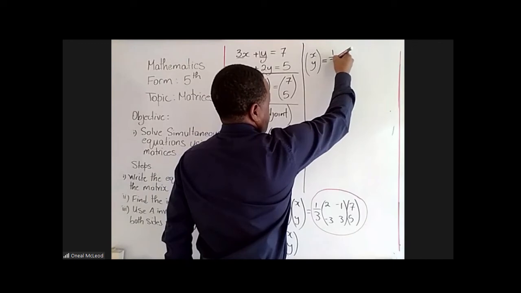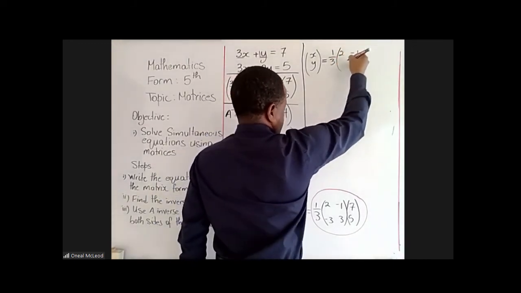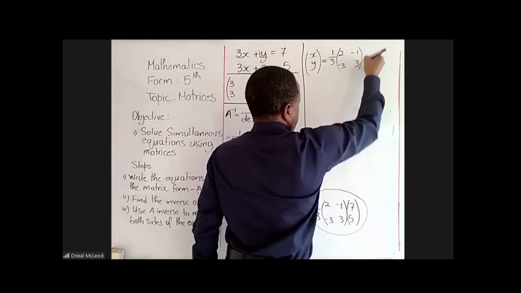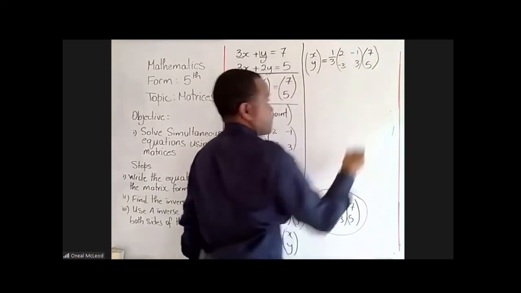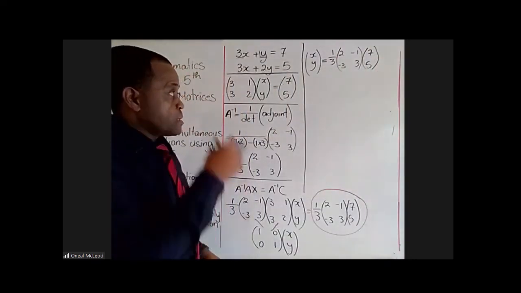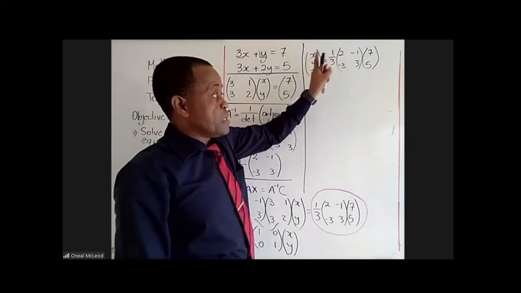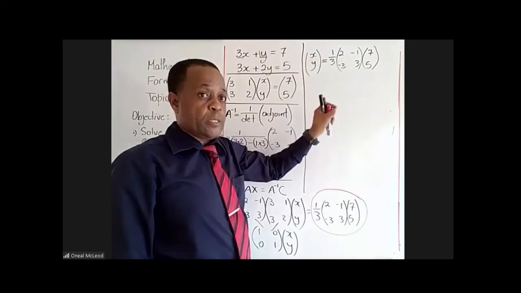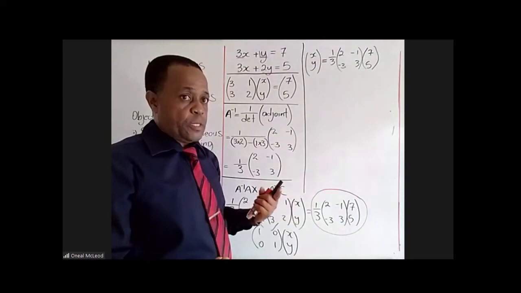And let's see what happens now. So this is now 1/3, 2, -1, -3, and 3 times 7 and 5. All right, so there we have it. We need to now multiply. Now this 1/3, we're not going to use it yet because we don't want to create any fractions which might create some problems for some of you.